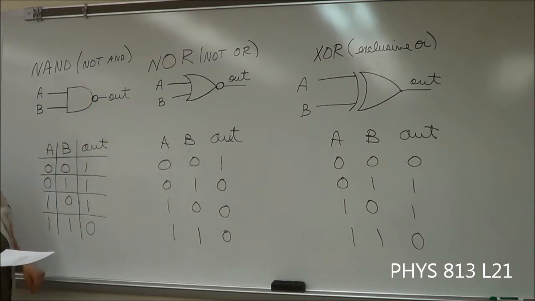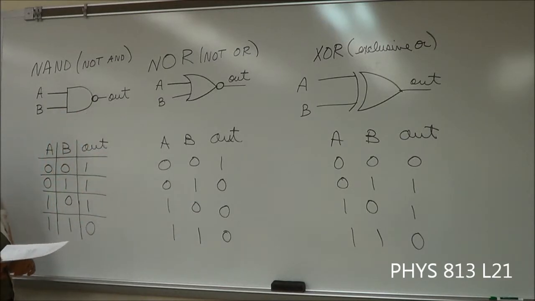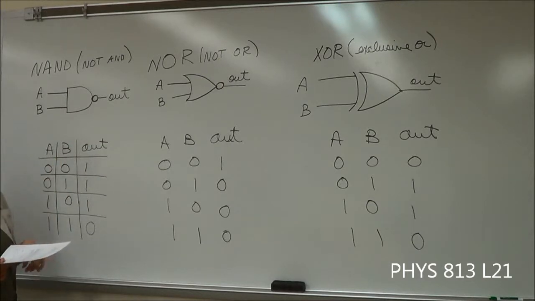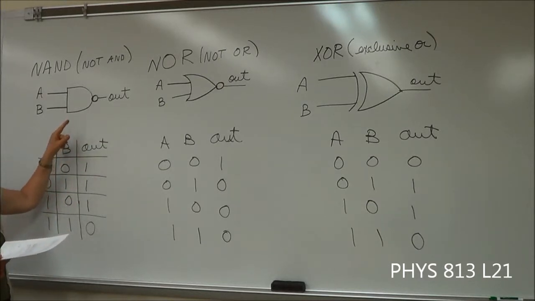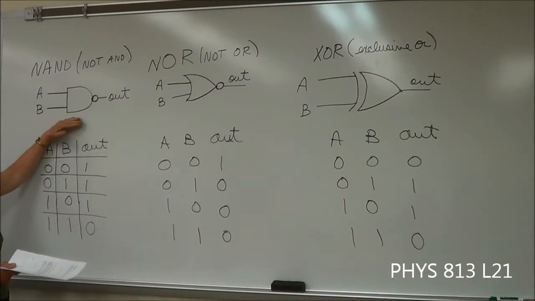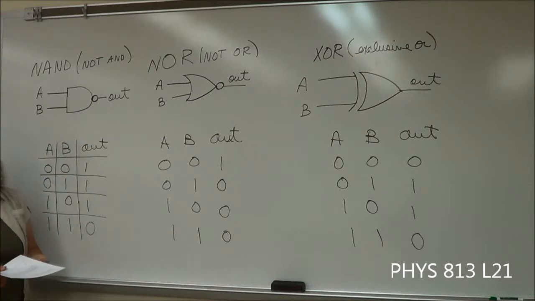You can get all of the rest of them. You can actually do that with any of, well, it says with any of the gates. I'm not sure about the NOT gate, but we're not going to look at all the possible combinations, but we are going to look at a NAND gate, which is this one, and see how we can put several of these together to produce the other gates.